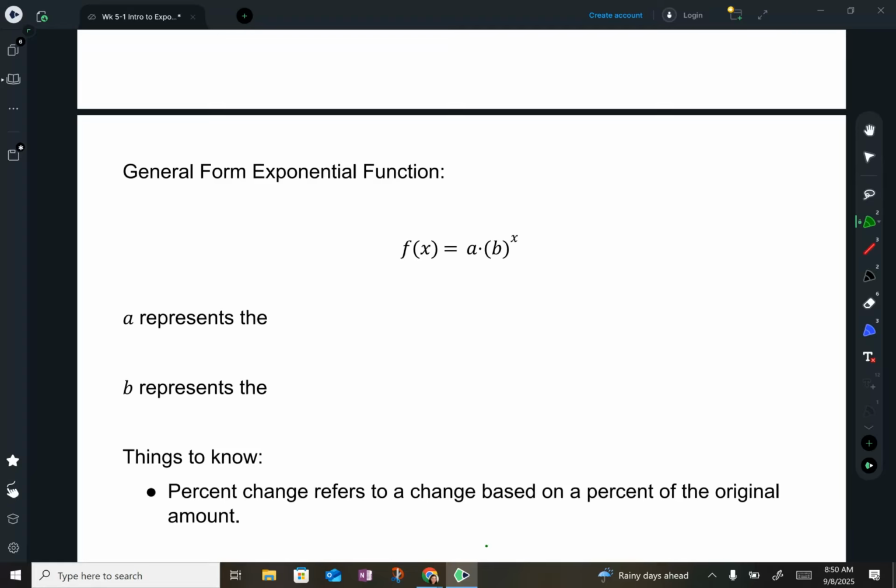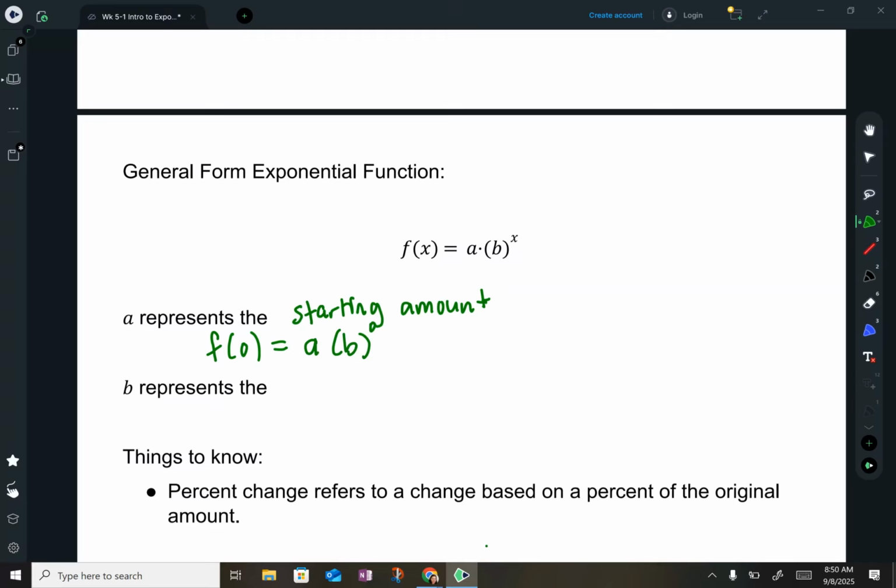All right, the general form of an exponential function is f of x equals a times b to the x. And the a represents your starting amount. So if we plug in 0 for x, f of 0, at time 0, or starting place 0, we would get a times b to the 0.